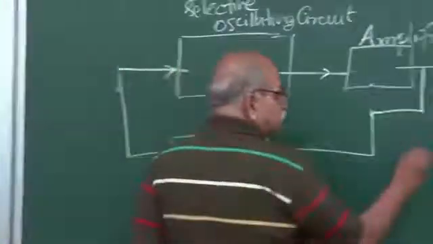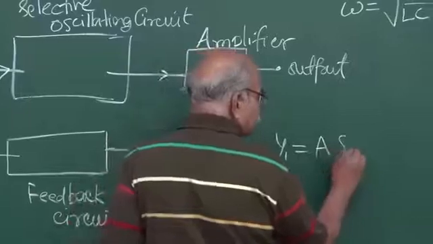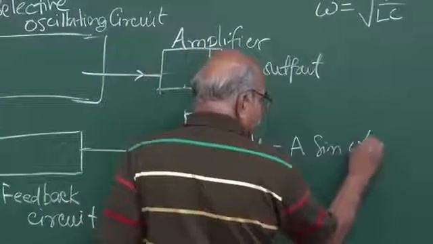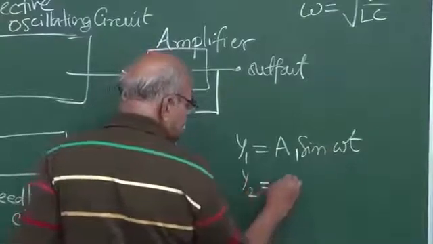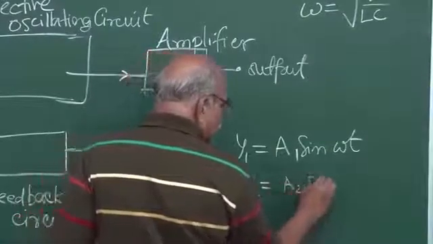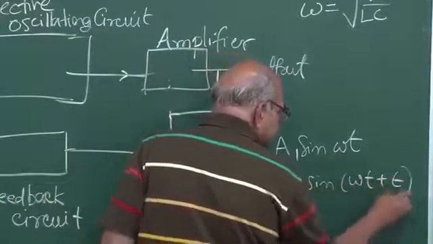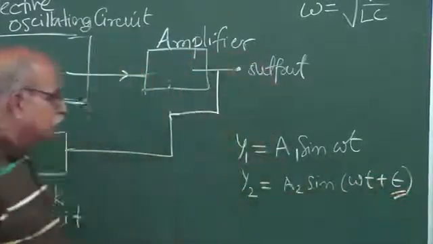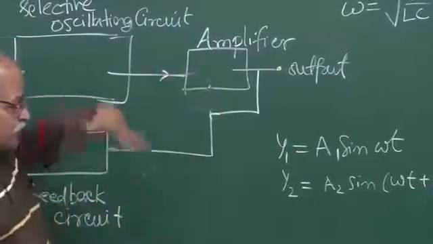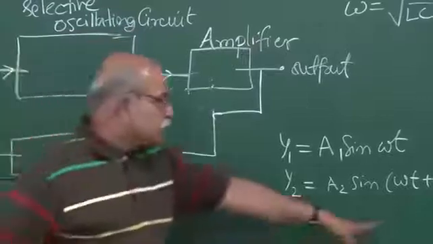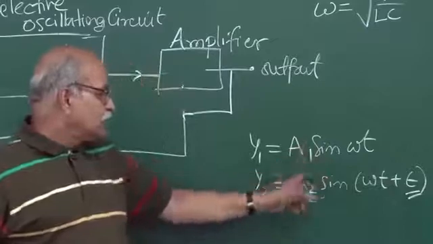If you have some y1 which is a1 sine omega t, and then you have y2 which is a2 sine of omega t plus epsilon. So it's important that, if you want actual addition of amplitudes, then epsilon should be 0 or 2 pi, so that it is just a1 plus a2.